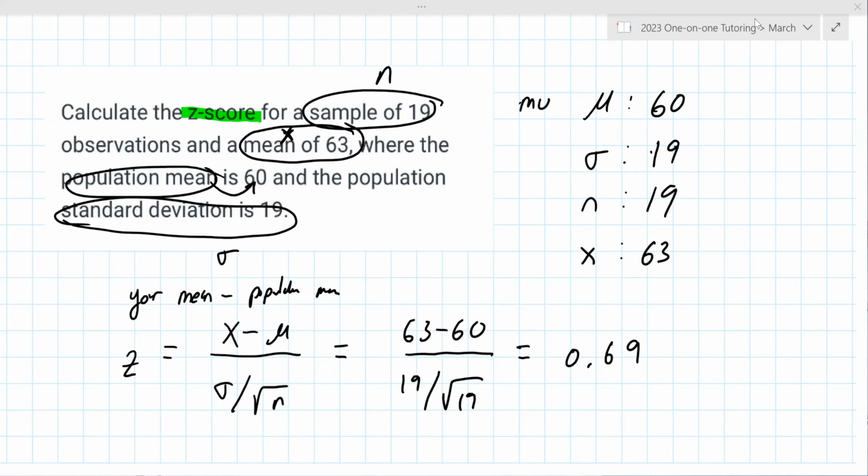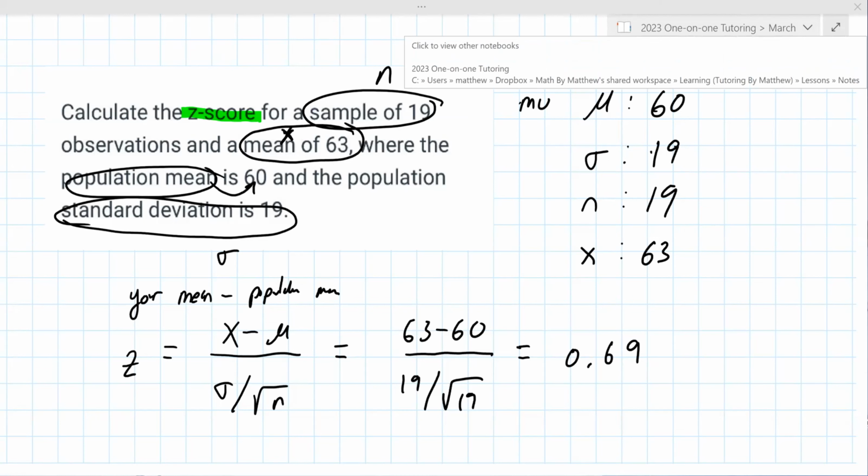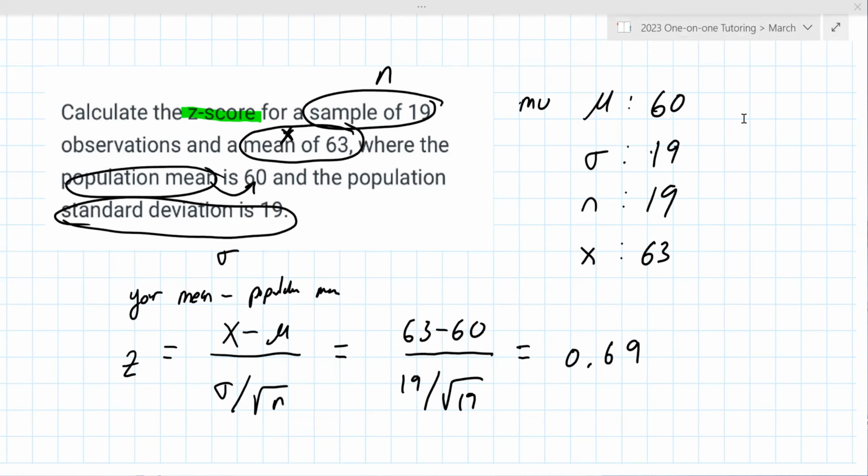Okay. So then you input that in, but where do you put 0.69? Would it be the lower, upper, and how do you know which? No, that's the difference here. In every other problem, this is really important, you calculate a Z-score to then find the area.